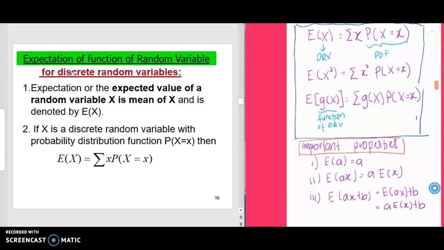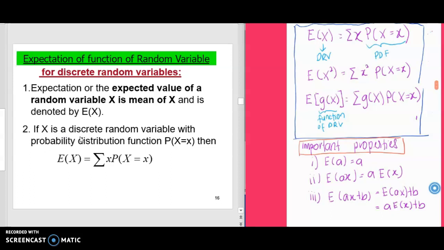Now expectation of function of random variable for this discrete random variable. First, expectation or the expected value of a random variable x is the mean of x and is denoted by E(x). Macam teacher cakap tadi, expectation ni sebenarnya adalah mean.